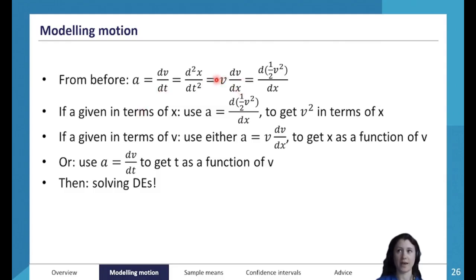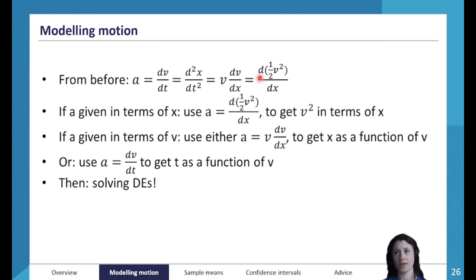So if there's any tip that you take away from this lecture with respect to this topic, it's to make sure you're using the right variables, especially with the x's and t's, because when you're doing acceleration, you're so used to doing things with respect to time that doing it with respect to displacement seems wrong. But you just need to be aware of that and make sure that you're not making those mistakes.